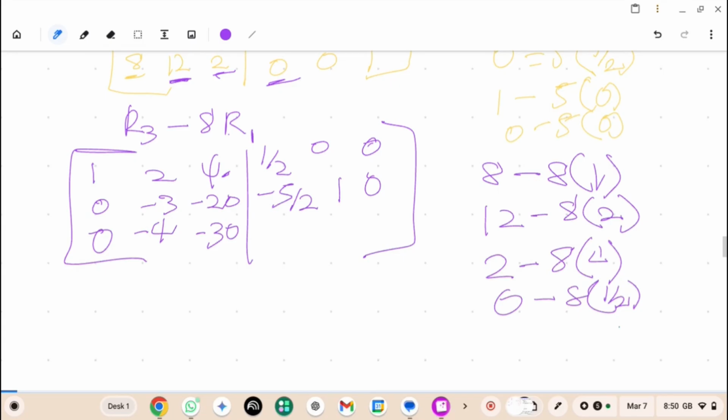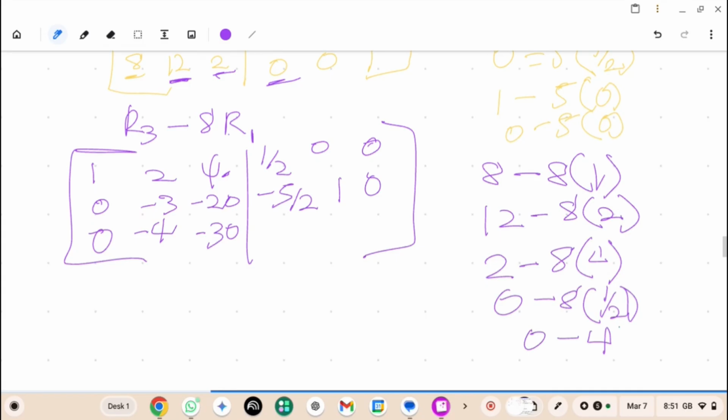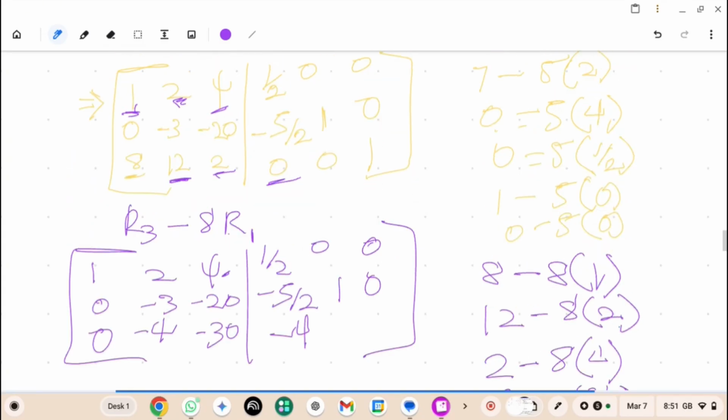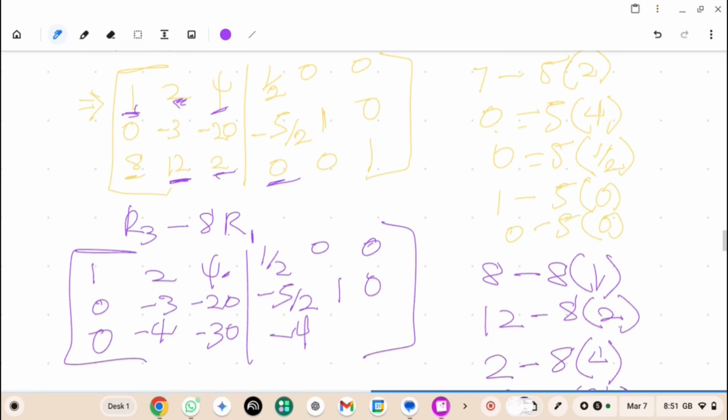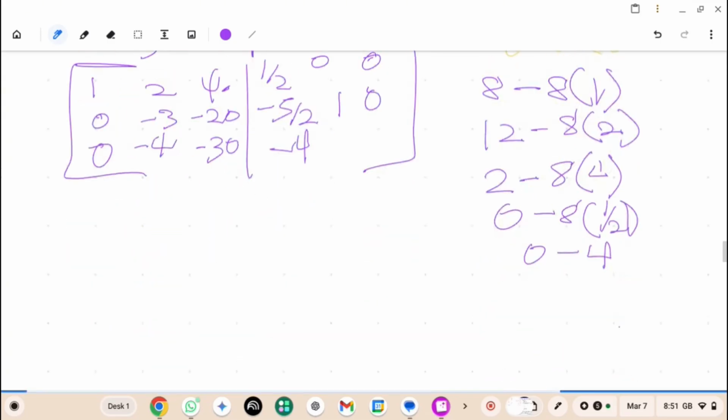So here we get, is it 2? So 8 multiplying half. So you get 8, 0 minus 4. If it's negative 4 here, this place is 0, 0, and then the value is 0.